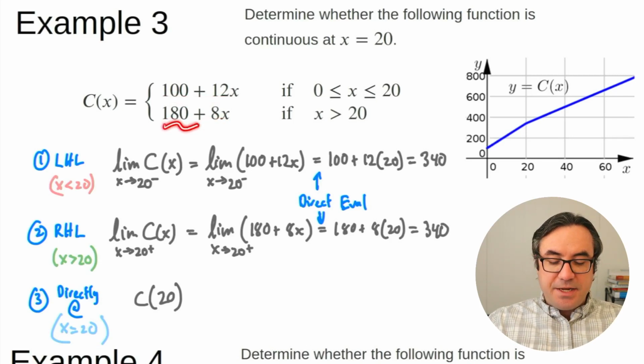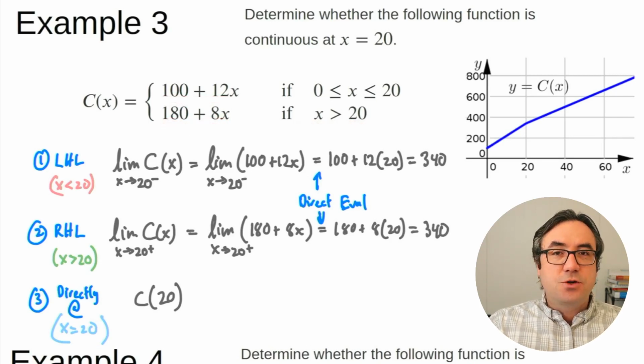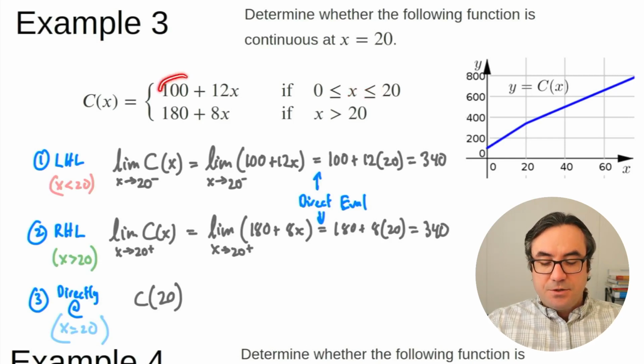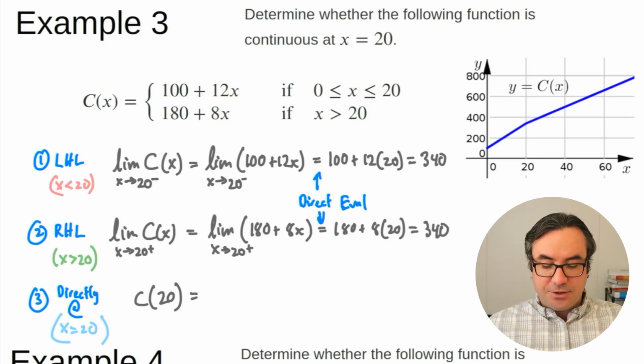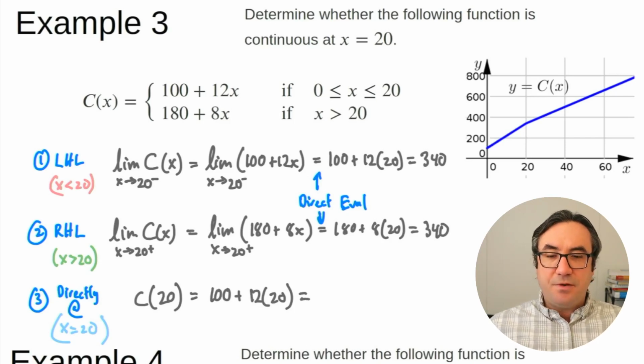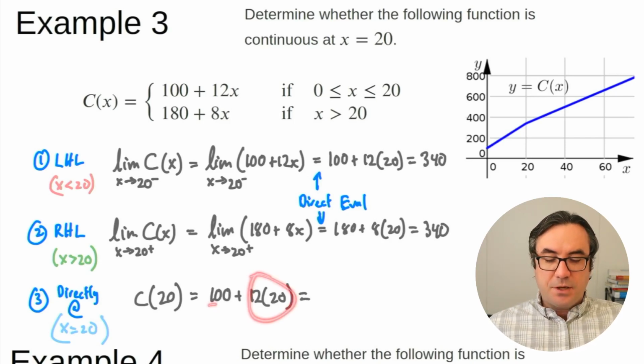The second piece only works if x is greater than 20, so we don't use it if x is equal to 20 or less than 20. The only one that has an equal sign is the first piece. So to evaluate this function, we just use the first piece at 20. If we simplify that, we get 240 plus 100, which is 340.